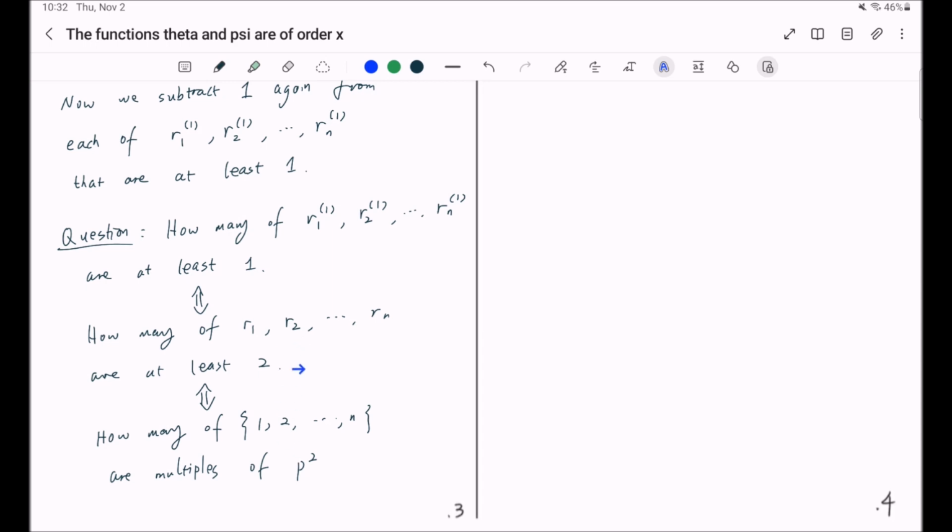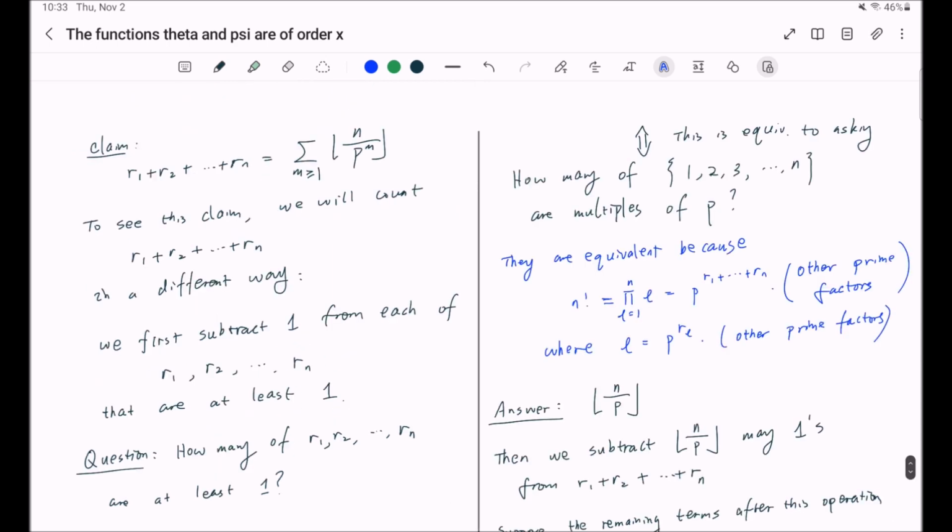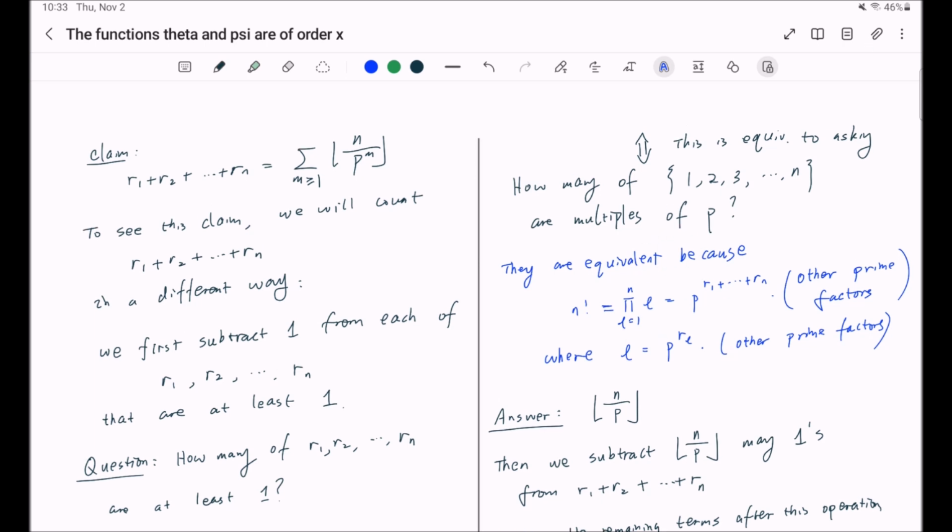Do you see why they are equivalent? If you don't see, again, you go back to this definition. That R sub L is at least 2 if and only if p squared is a divisor of L, or L is a multiple of p squared.